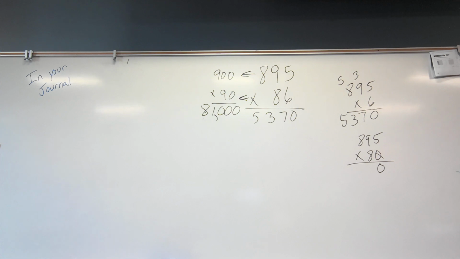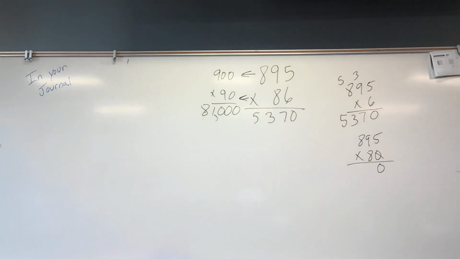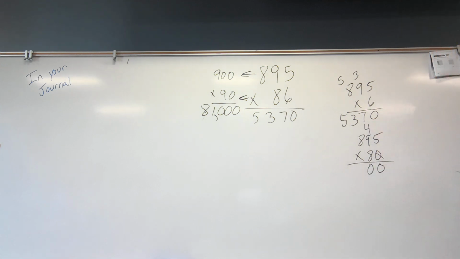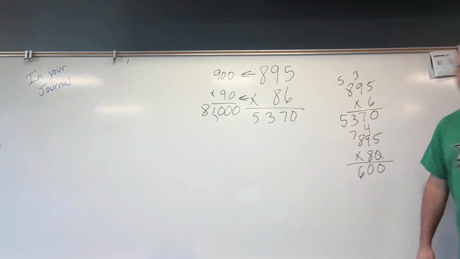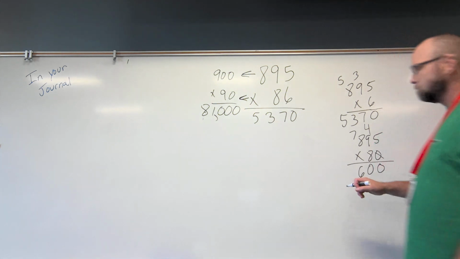All right, so now let's do 8 times 5, which is 40. 8 times 9 is 72, plus 4, 76. 8 times 8, 64, plus 7, 71, sorry.